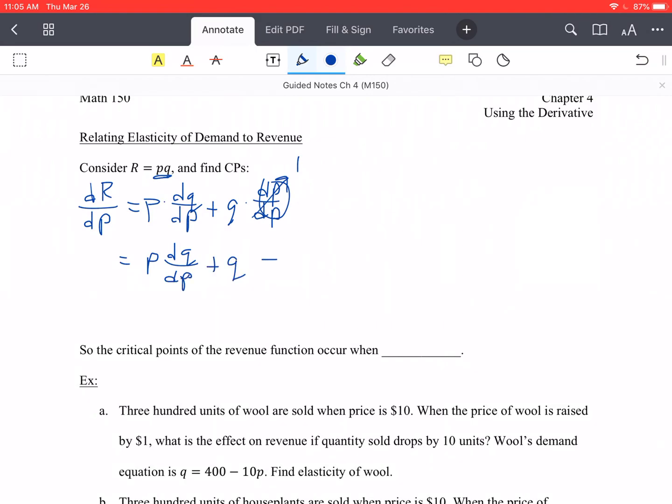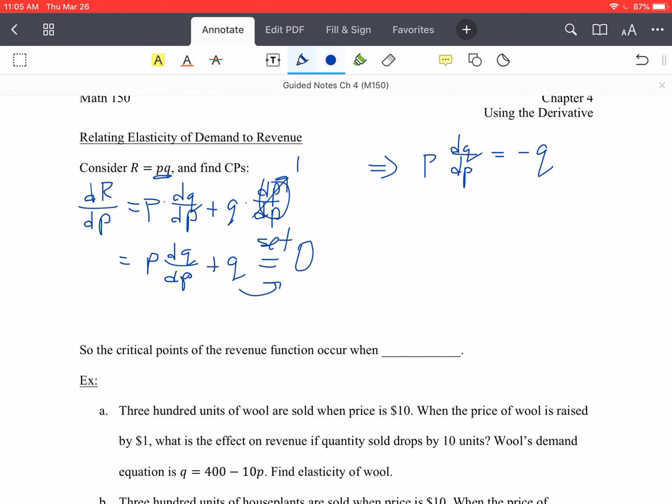And then to find critical points, we set it equal to 0. So go ahead and subtract the q over. So that's p times derivative of q equals negative q.